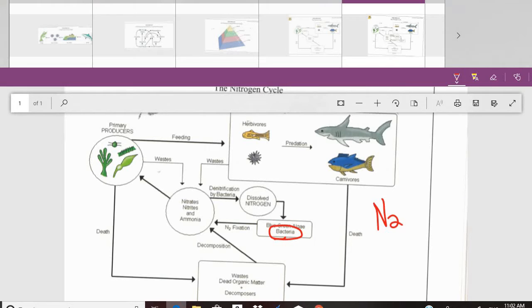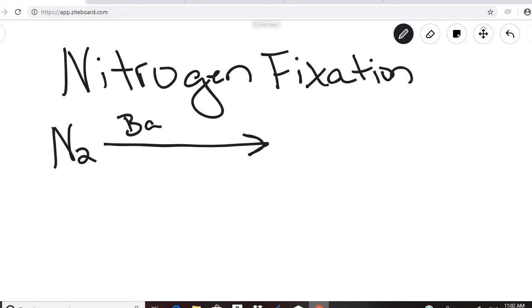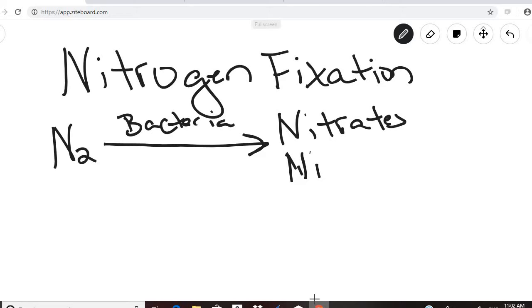Bacteria take that nitrogen gas and convert it into nitrates, nitrites, and ammonia.